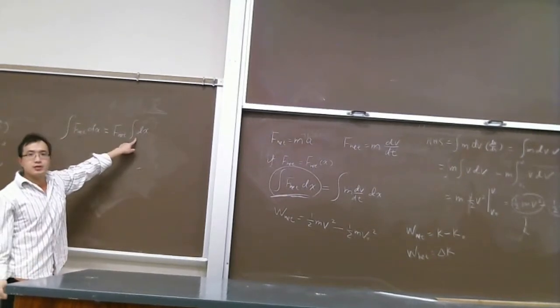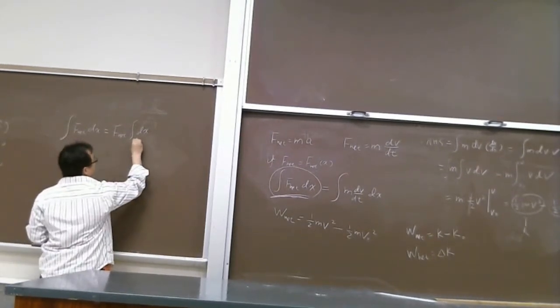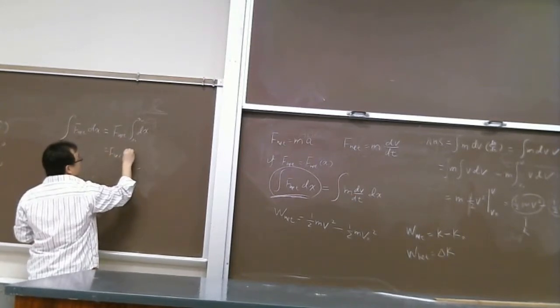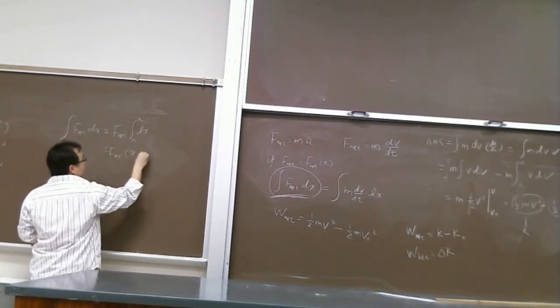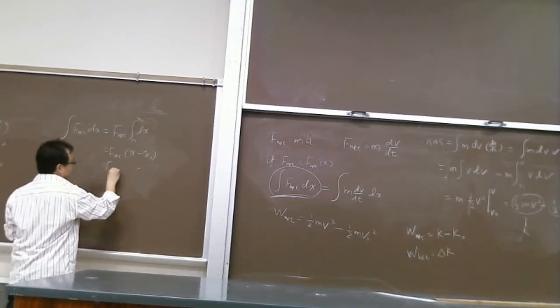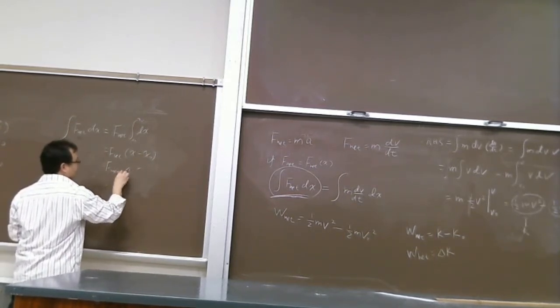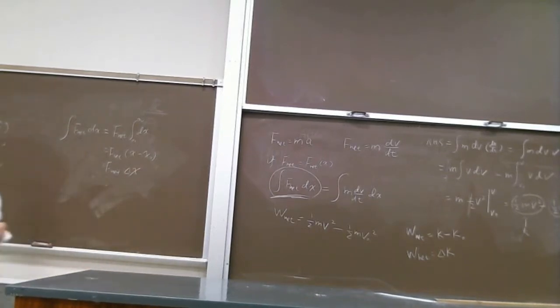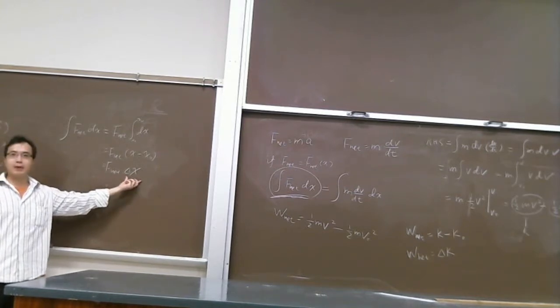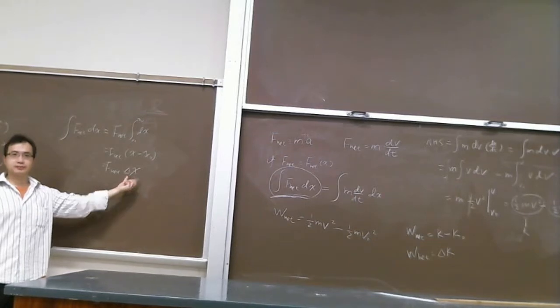But this is actually from the initial position to the final position, so this is x minus x naught. F net multiplied by delta x. So you can see for a constant force it reduces to the usual definition of work: the force multiplied by the distance.